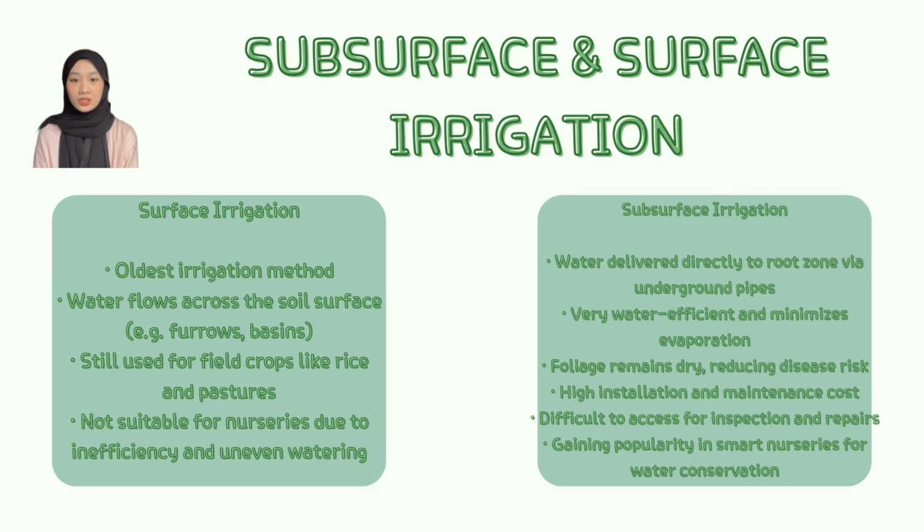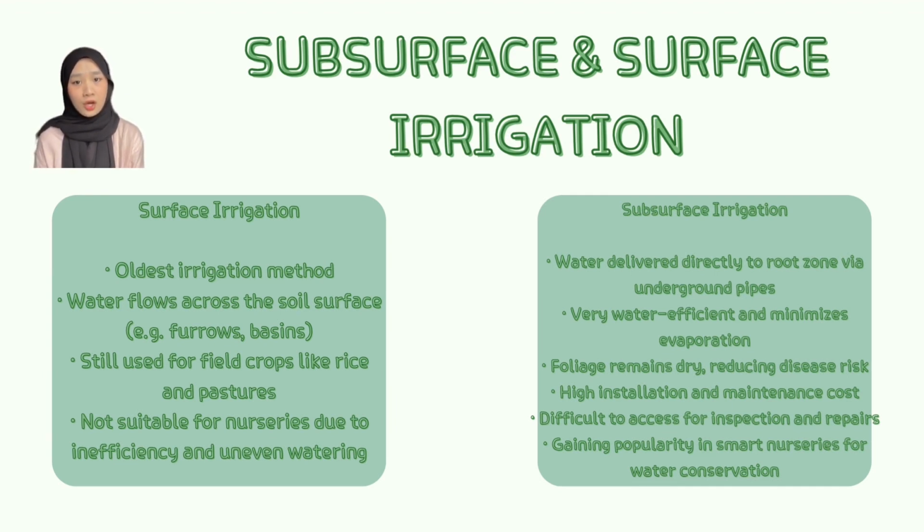Subsurface irrigation, on the other hand, delivers water directly to the root zone using underground pipes. This method is very water efficient and reduces evaporation losses. It also avoids wetting the foliage, which is good for preventing diseases.